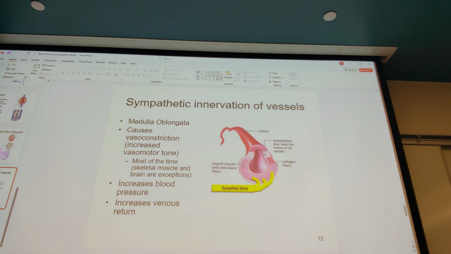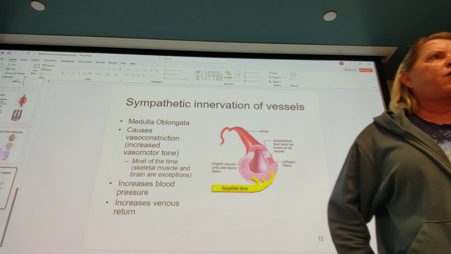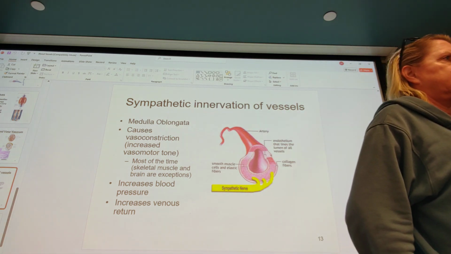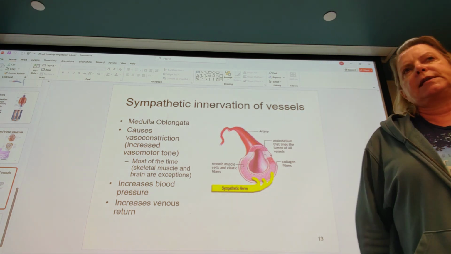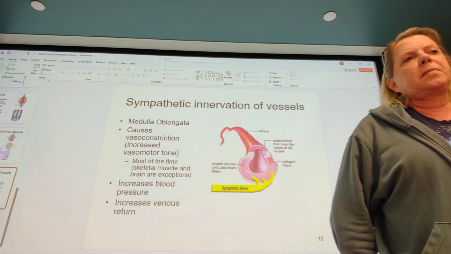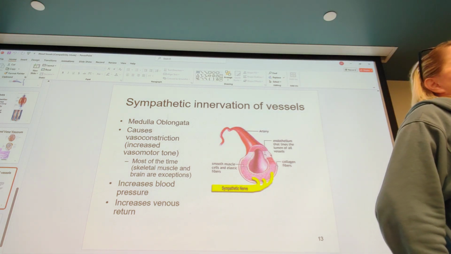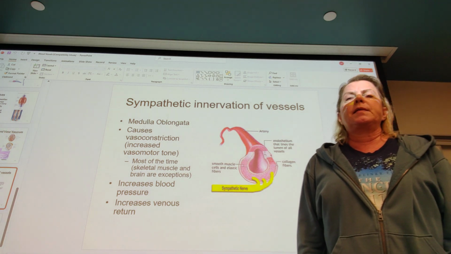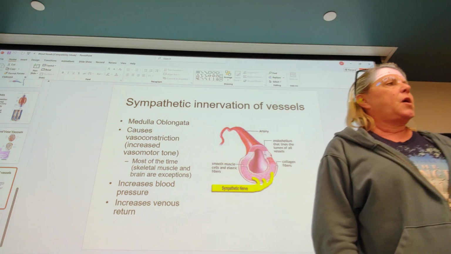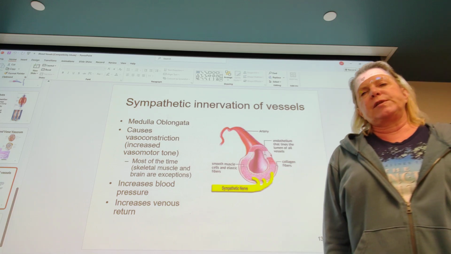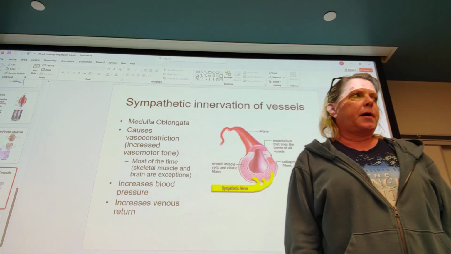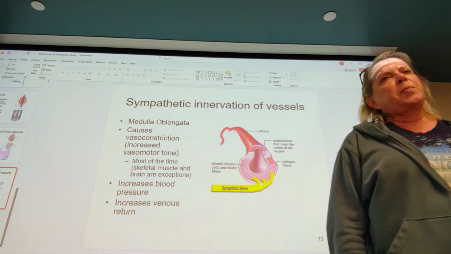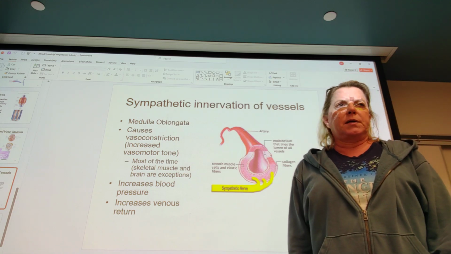Blood vessels are innervated except for capillaries. Capillaries are not innervated. The innervation primarily comes from the sympathetic division, one of the autonomic divisions that I started to tell you about yesterday. It is part of your fight or flight response.